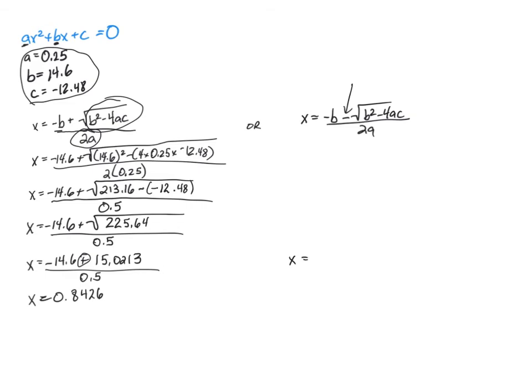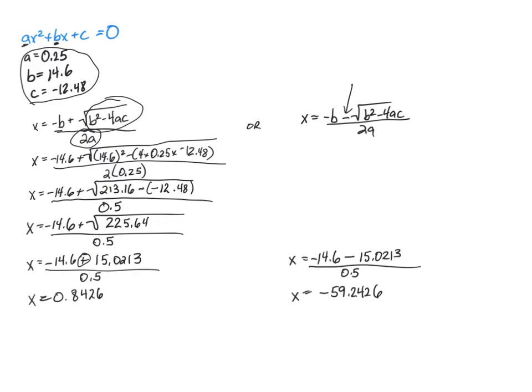So X is equal to negative 14.6 minus 15.0213 divided by 0.5. This is negative 59.2426.